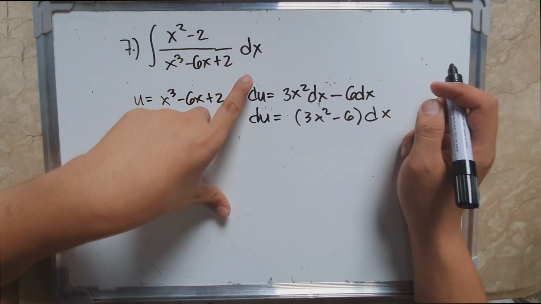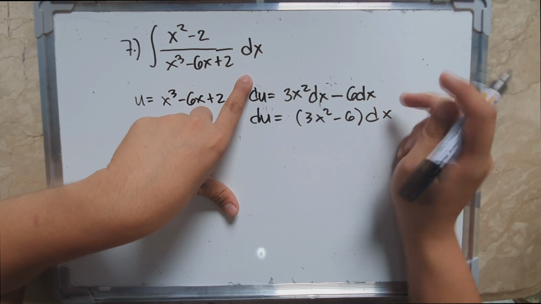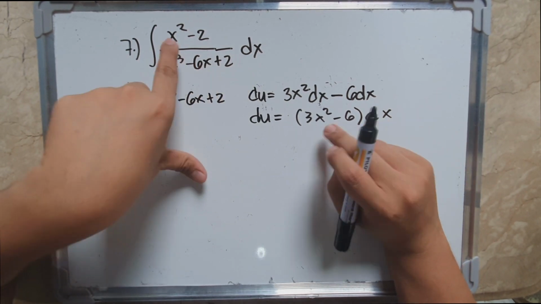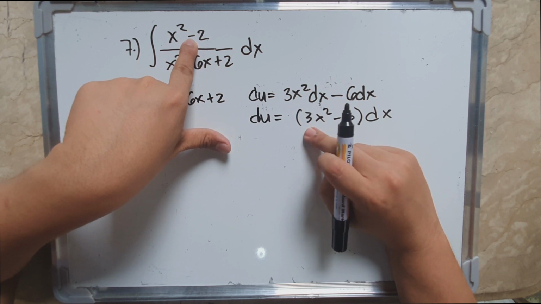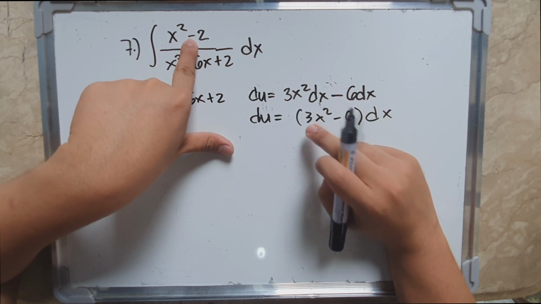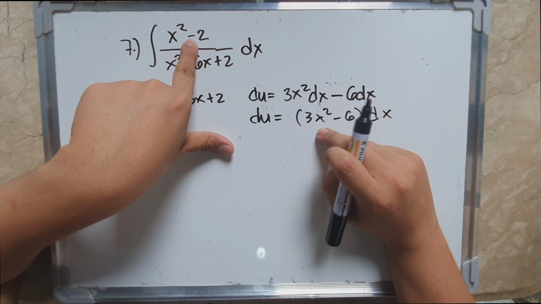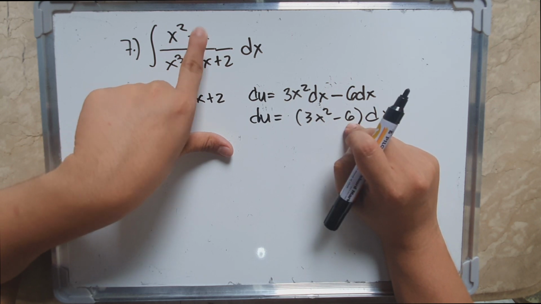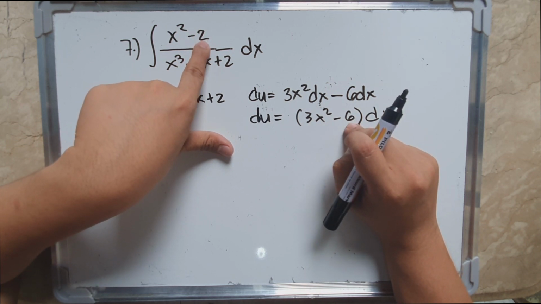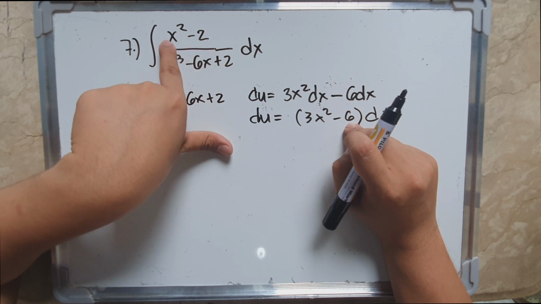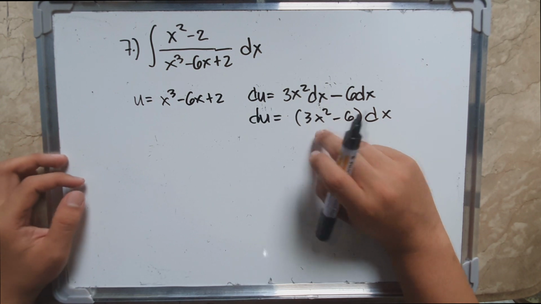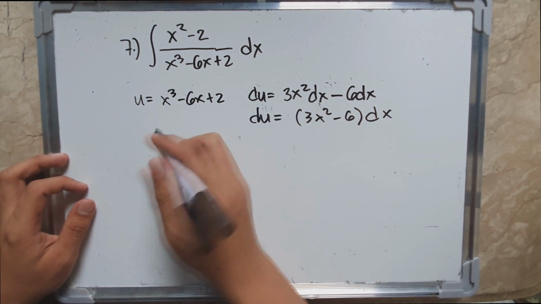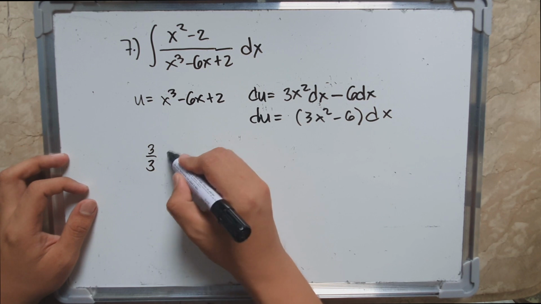Checking our original integrand, we have dx and x squared minus 2, but here we have 3 for the x squared and 6. To make this one 6, we will multiply by 3. To make this one 3x squared, we will multiply by 3. So we need to correct by multiplying 3 over 3.